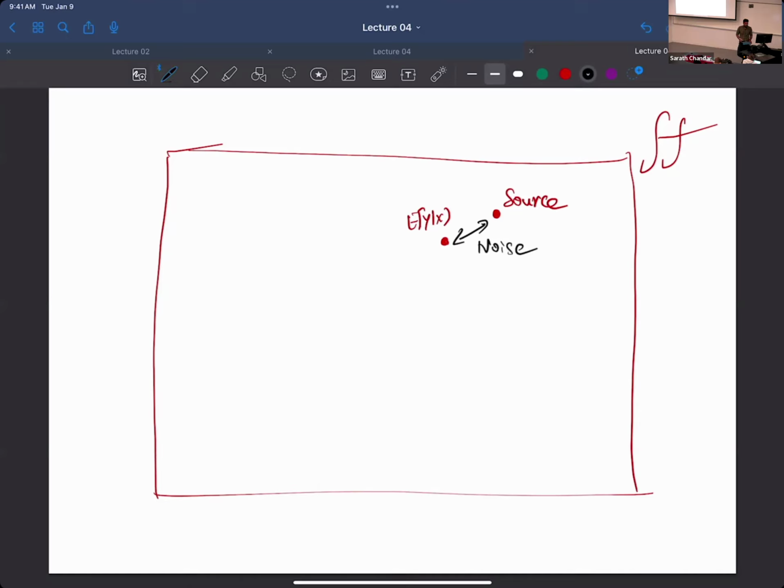Now typically we make some assumptions for these algorithms, right? Let's say I make an assumption. The moment I make an assumption, I'm going to restrict myself to some h dash.